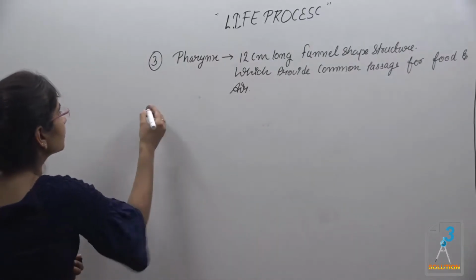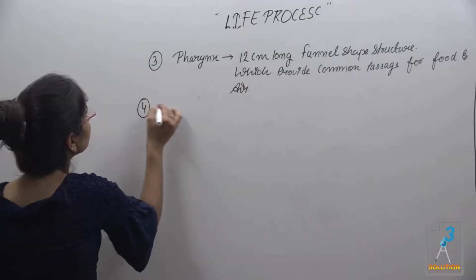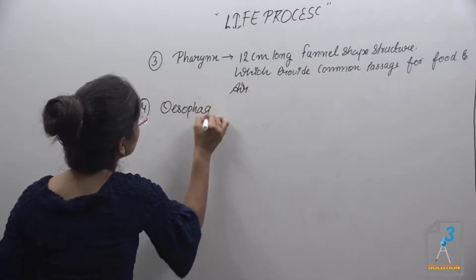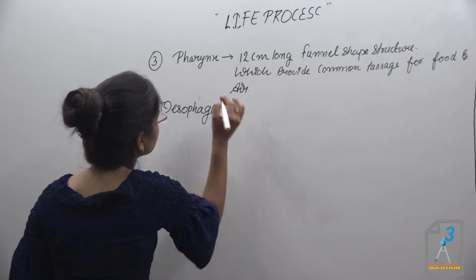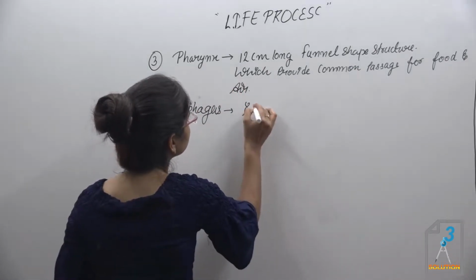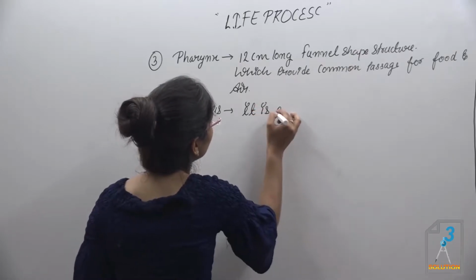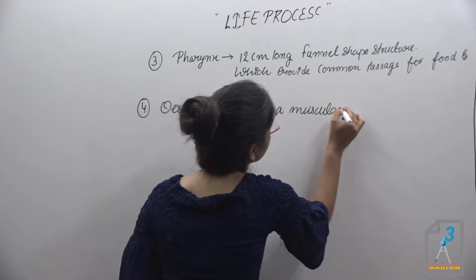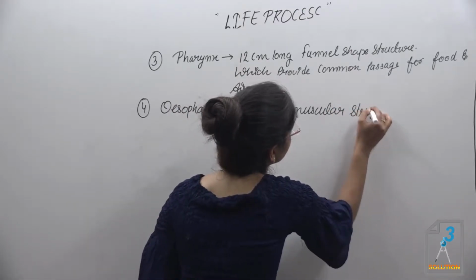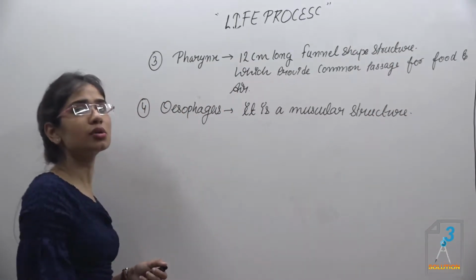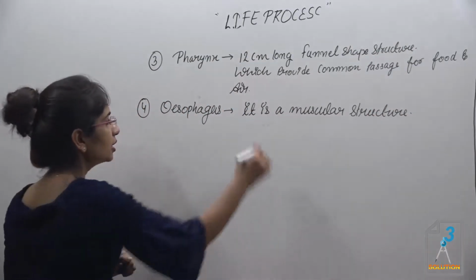Next we have, on number 4th, the esophagus. Yes, simple. The esophagus is a muscular structure made up of muscles.